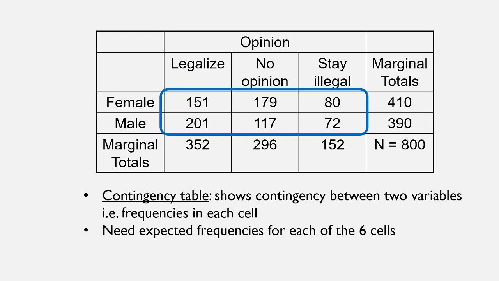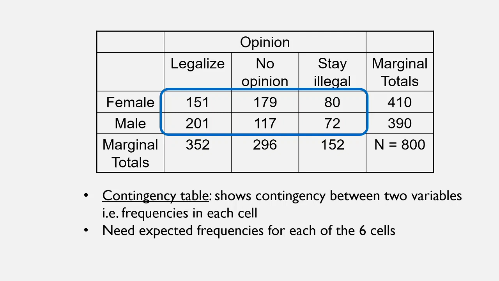Another thing I'll note about this contingency table is that it also displays what we call our marginal totals, right? I want to know the total of people, regardless of gender, who said legalize it. That 352 represents the total number from the legalize column. The marginal total for no opinion, that 296, represents overall men and women who said no opinion, likewise for stay illegal.